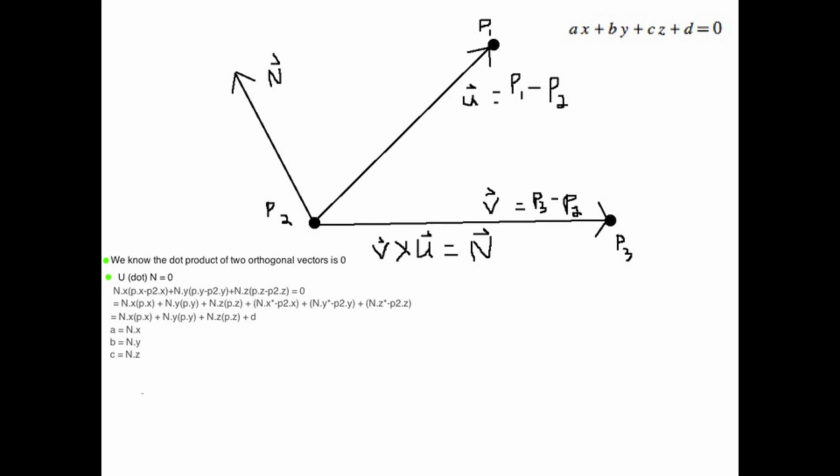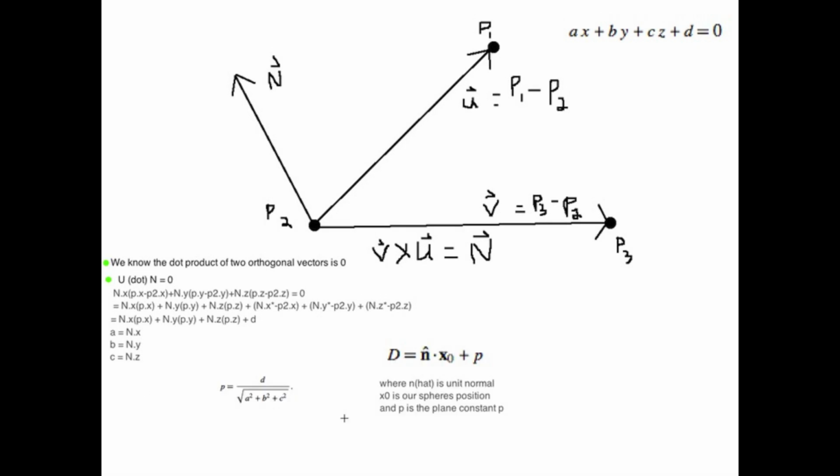And this coefficient d will allow us to find out another coefficient, p, and the coefficient p is used in a formula to calculate the signed distance of any point from the plane, which is incredibly useful to us.